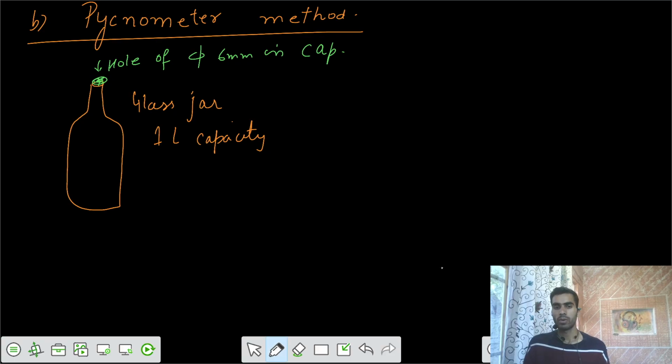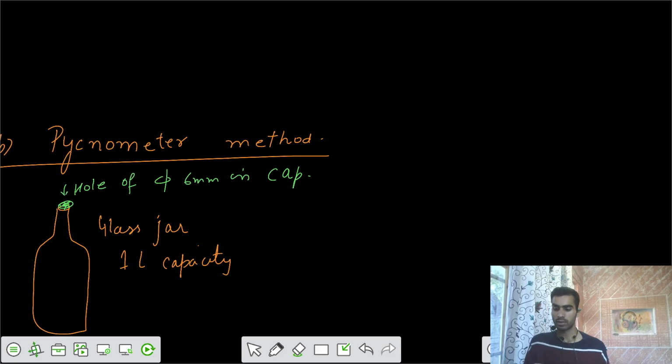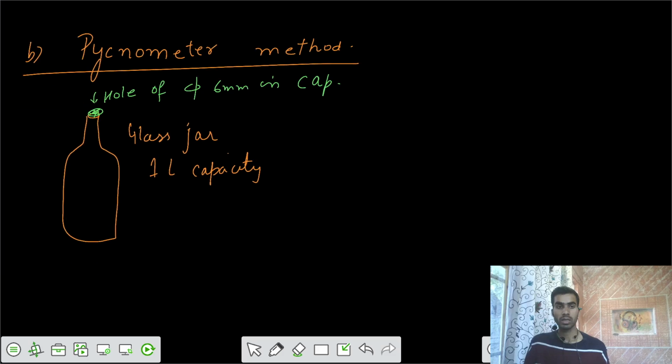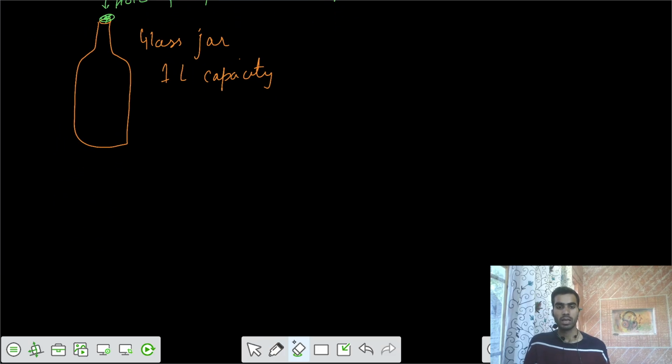Okay, so what is the procedure for calculating the water content? Let's have a general view. Let's say that this is the weight of the pycnometer. Let's write it, this is W1, only the pycnometer is there. Weight of the pycnometer is W1.